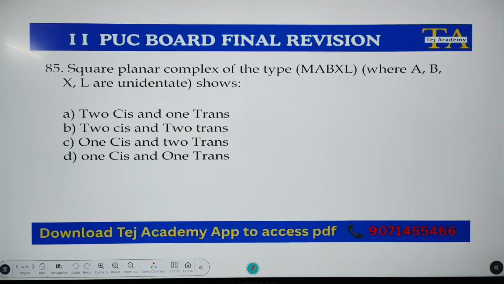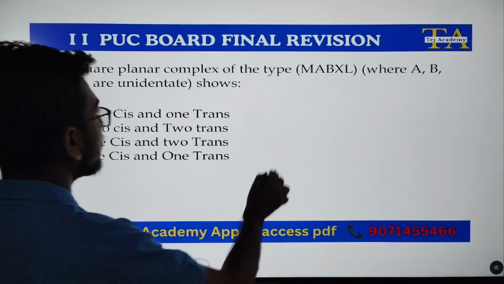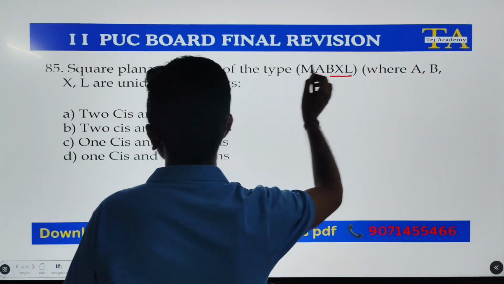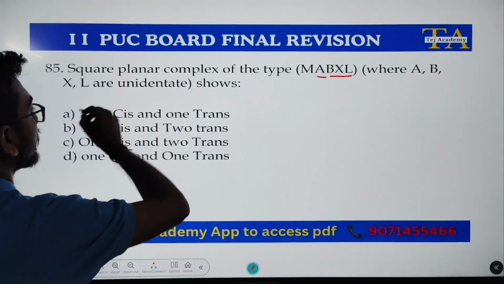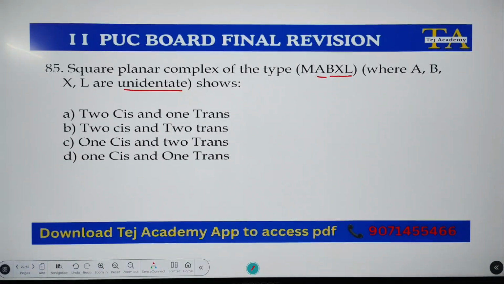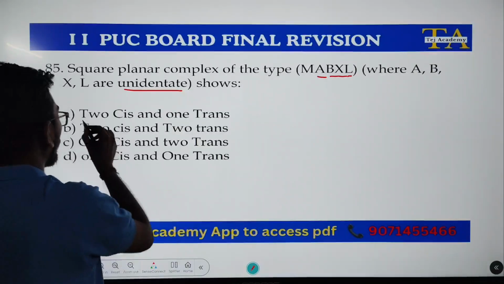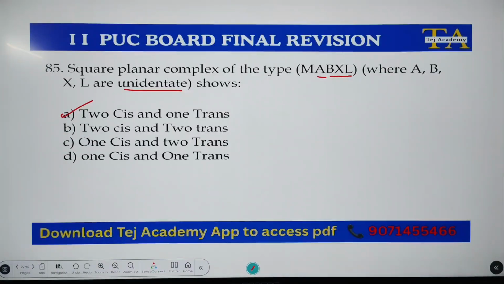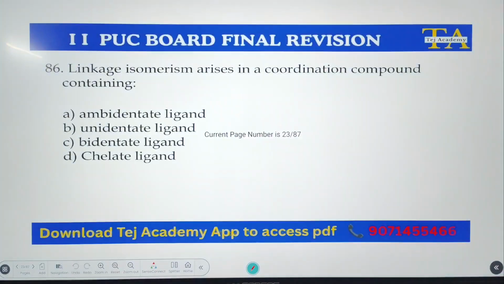Square planar complexes of type MABXL, where A, B, X, L are unidentate ligands, show it. So it will form 2 cis and 1 trans. Remember this: 2 cis and 1 trans complex will be forming.